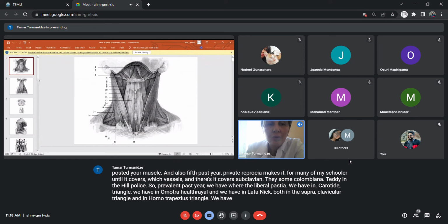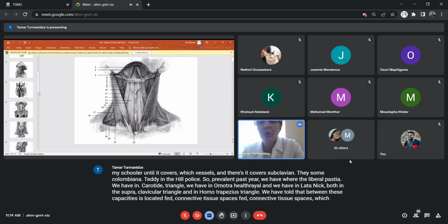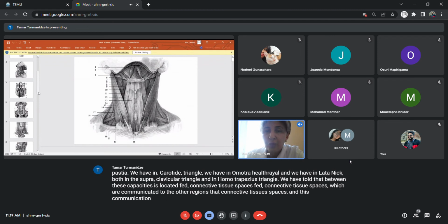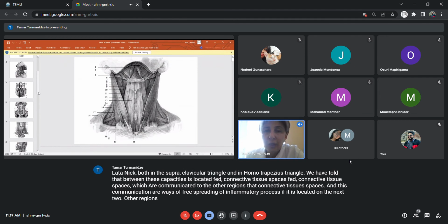We have told that between these fasciae are located fat connective tissue spaces, which communicate with other regions, and this communication is the way of spreading of inflammatory process, if it is located on the neck, to other regions.